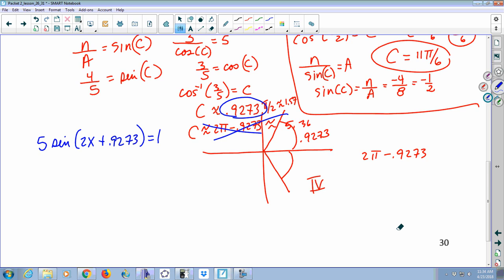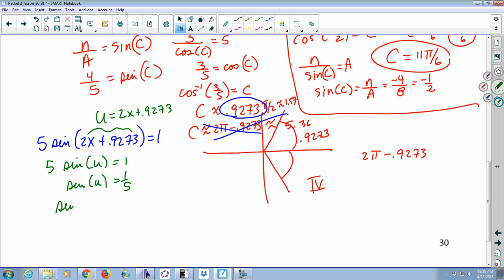Some of you like to use the U substitution. I haven't done that for a while. So let U equal all this stuff inside, 2x plus 0.9273. It makes it a lot easier on our eyes, and it looks a lot friendlier than all that other stuff. So we divide both sides by 1/5. Now we take the inverse sine of both sides, or the arc sine.